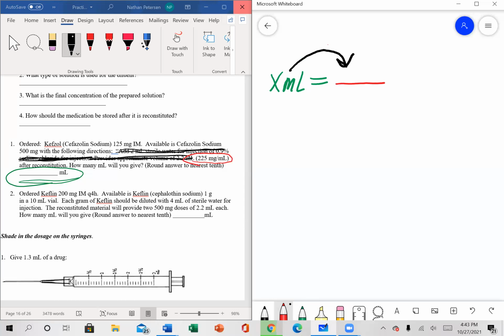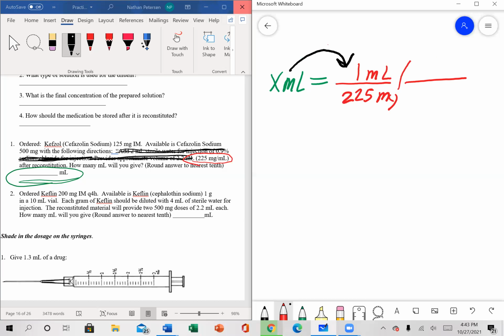So we know we're going to start with what we have here, which is 1 mil has 225 milligrams in it. So what do we have to do next? Again, we know we have to carry this guy over.